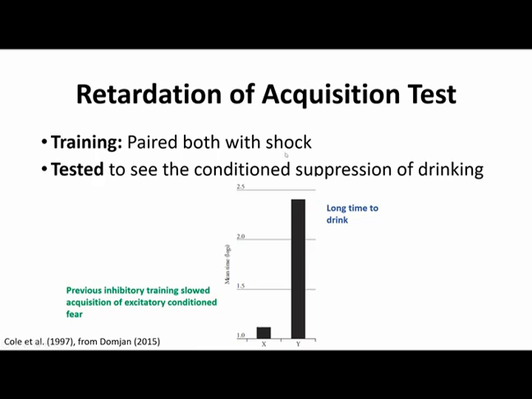But because we've come at it from two different sides, we're a little bit more confident in our conclusion that X is a conditioned inhibitor, and that we have some idea of the mechanism going on, based on multiple tests that are showing us very similar results. So it's always a good idea, if you can, to use a couple of different tests to see that all of those different results lead you to the same conclusion.